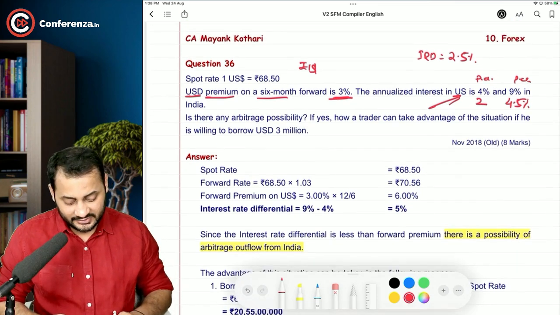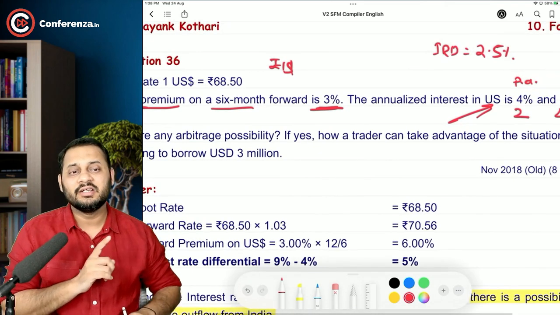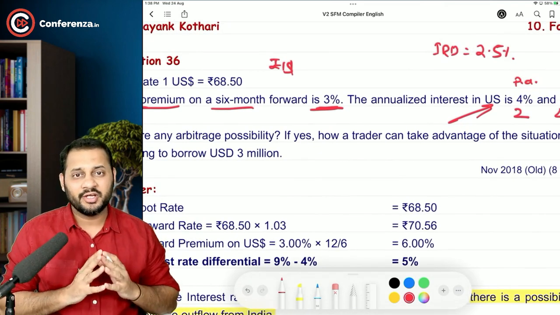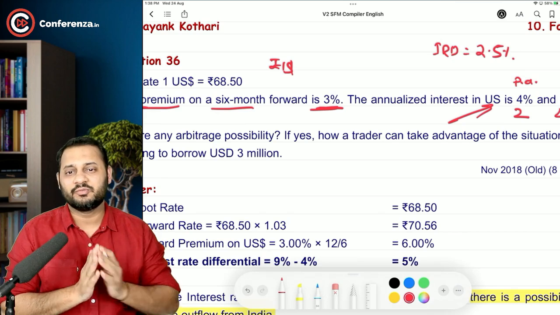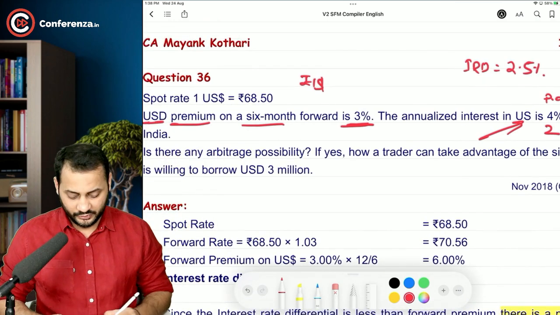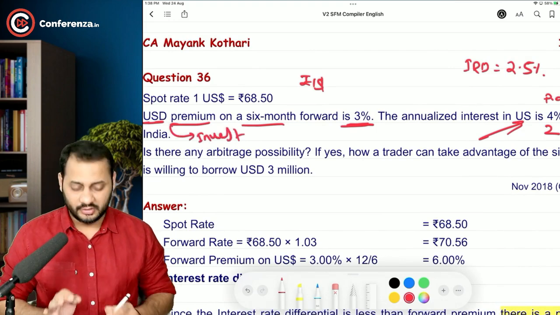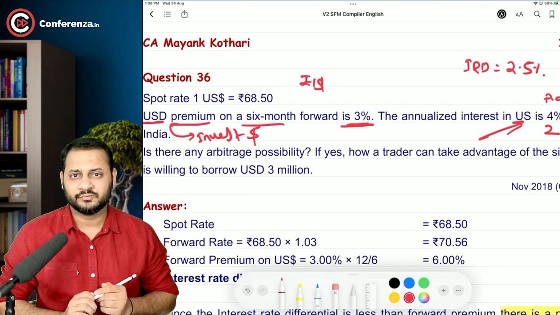And you can clearly see that in this case, the premium is more than the interest rate differential. We wanted only 2.5% of premium on the dollar, but it is more than that. What will you do? You will invest in the dollar, the low interest rate currency.